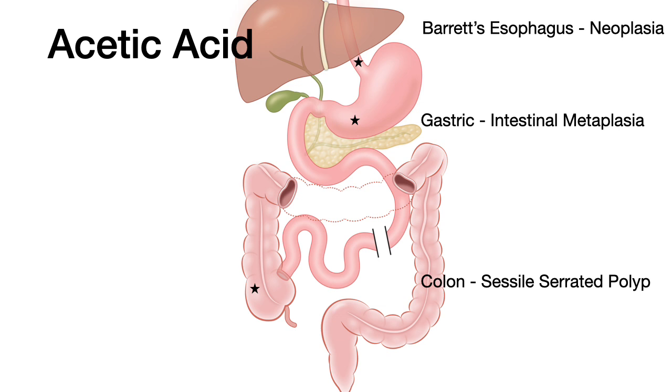And if you remove a serrated polyp and you go back and you see a scar and you're not sure whether there is any tissue surrounding that scar, then applying acetic acid spray to that area will define that very clearly. It will say whether there is a serrated epithelium or not by highlighting the neoplastic tissue.